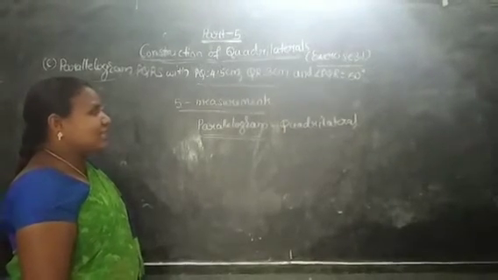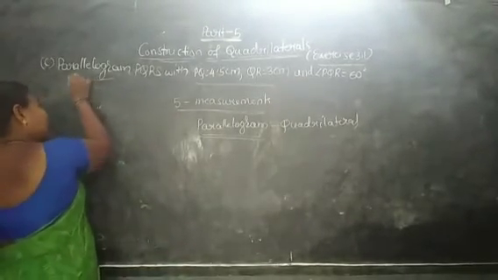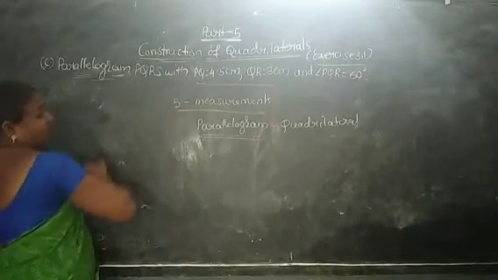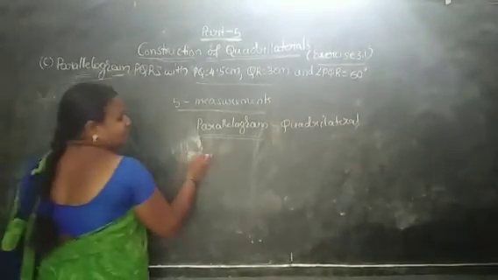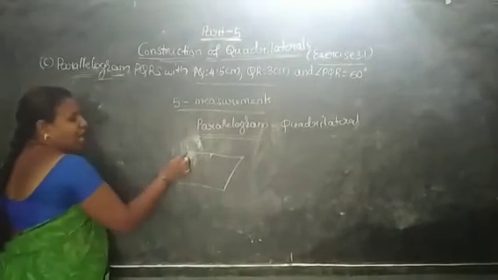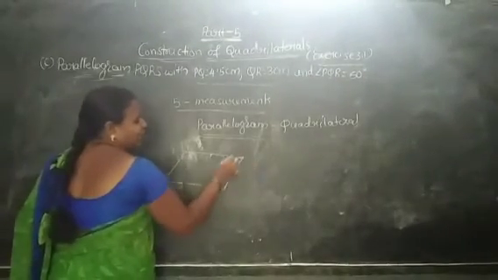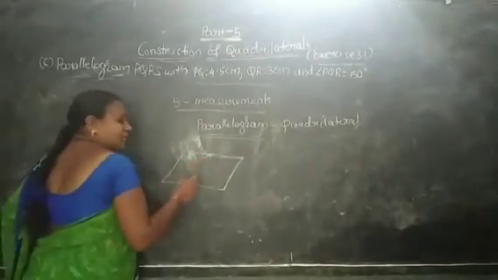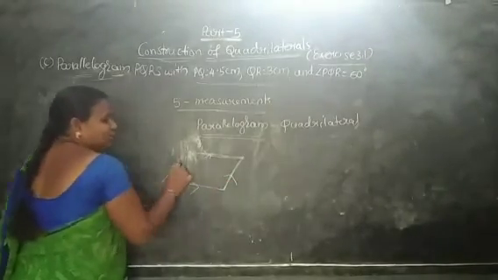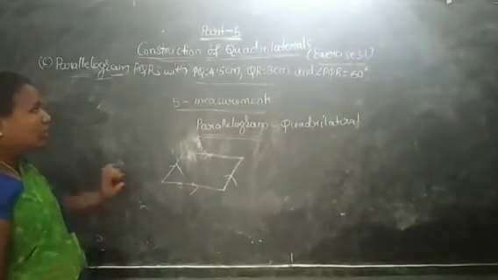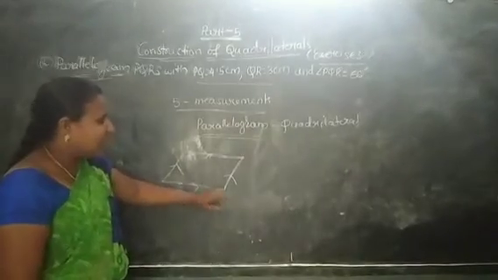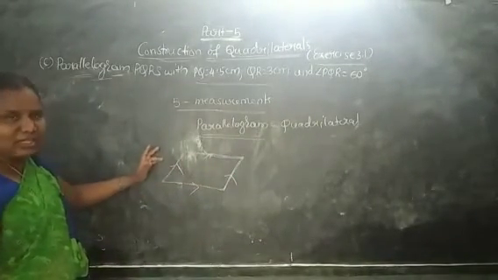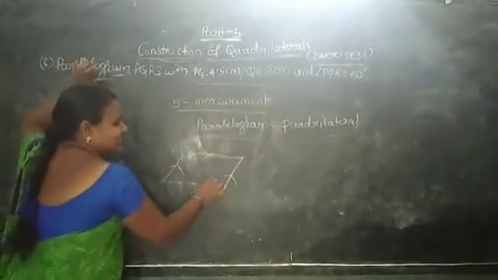To analyze the given figure, the quadrilateral given is a parallelogram. In a parallelogram the opposite sides are equal and they are parallel. So PQ is given and QR is given. At Q 60 degrees is given.